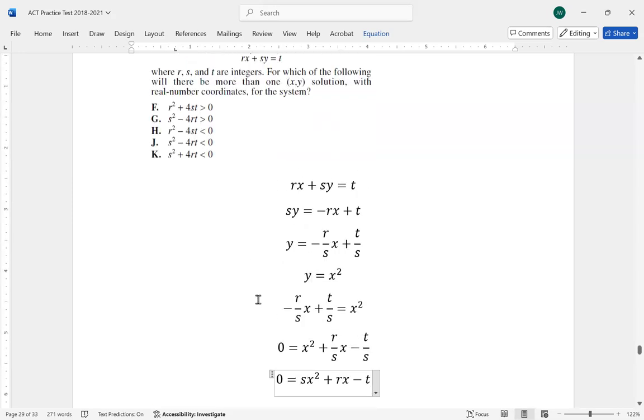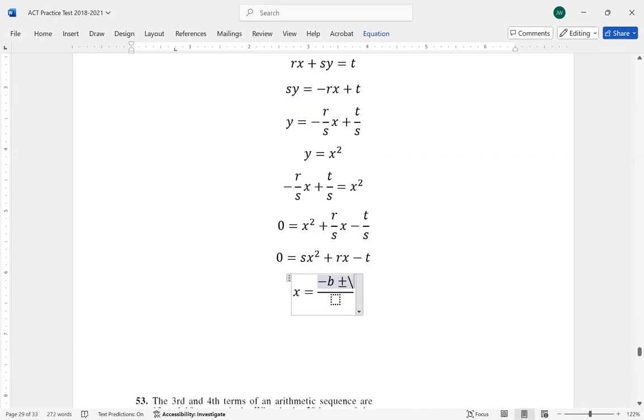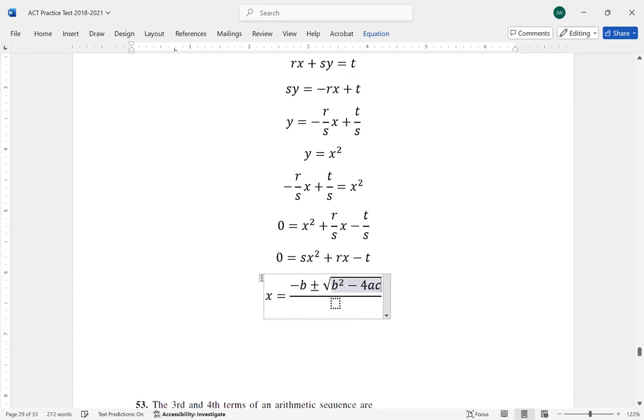So what I did is I just created a quadratic equation, and we're asking for which of the following will there be more than one solution. Quadratic formula can solve this equation: opposite of b plus or minus the square root of b squared minus 4ac, all divided by 2a.